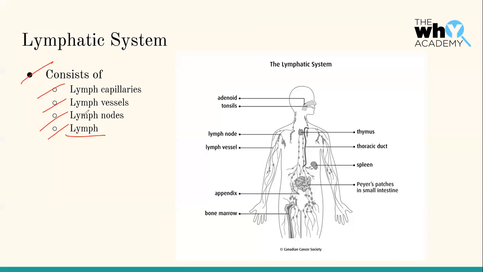So there are lymph capillaries, vessels, nodes, and the fluid which is flowing inside all these is called lymph. You can consider it to be the equivalent of blood. This figure on the right is just to show you some of the major nodes which are there for the lymph, where the lymph vessels would be. These are some of the organs where all the destroying of cells, or the killing of infectious or toxic things happens.